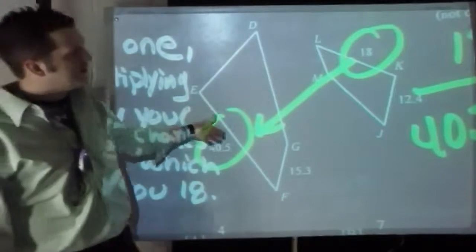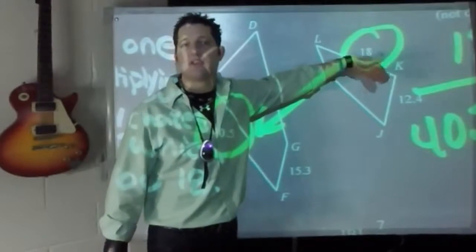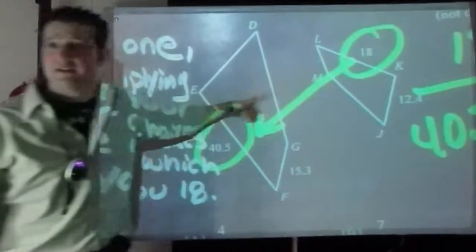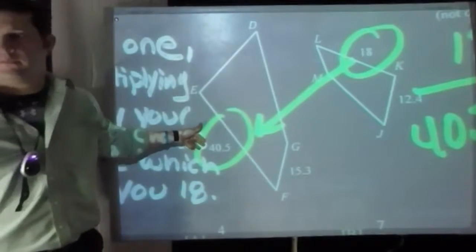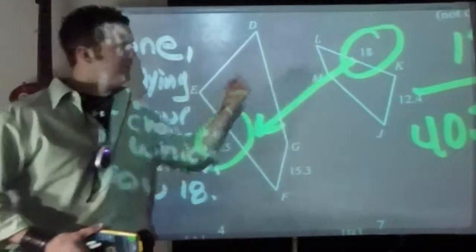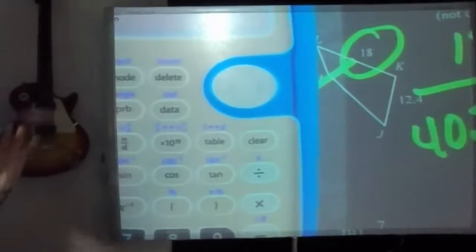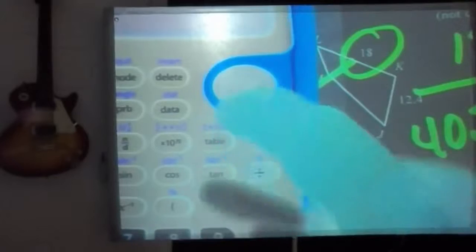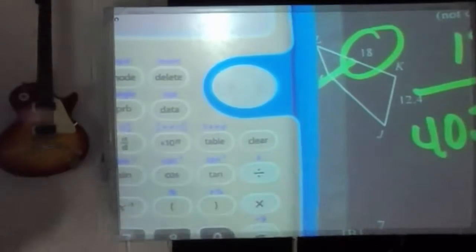If you know the scale factor going from here to here, any guess what the scale factor would be to go from 18 to 40.5? It would be the reciprocal. If it takes 4/9 to go from here to here, you take 9/4 to go back. Remember, 4/9 is a one-way street. You've got to go 9/4. So if you took 18 times 9/4, you'd get 40.5.